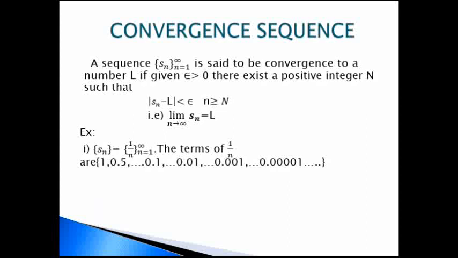If n equal to 10, then f of 10 equal to 0.1. If n equal to 100, then f of 100 is equal to 0.01. If n equal to 1000, then f of 1000 is equal to 0.001. So, sequence Sn is a convergent sequence and it converges to 0 because the terms get closer and closer to 0.